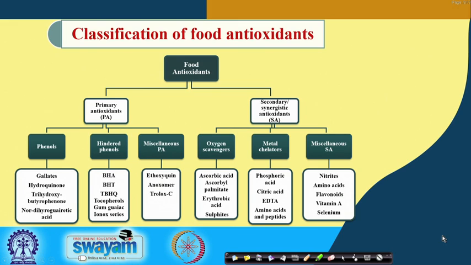Food antioxidants are classified into two major types. They include primary antioxidants and secondary antioxidants. The primary antioxidants are generally phenols, hindered phenols or other miscellaneous compounds like anoxomer, trolox, ethoxyquin and so on.